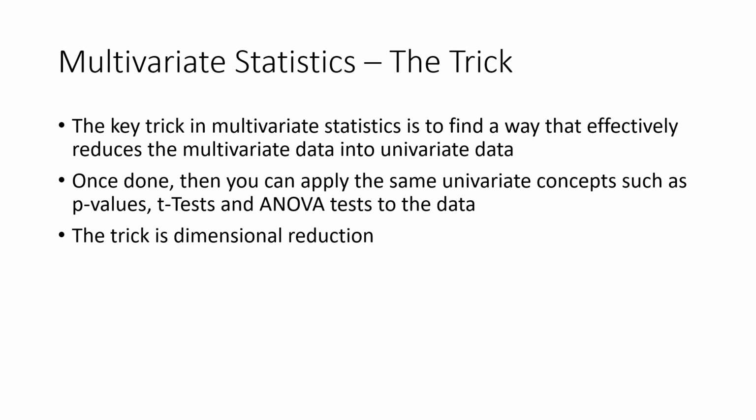And this is this form called dimension reduction. When you can reduce things to a more simple form, instead of having 10 or 100 dimensions, but something like 2 or 3 dimensions, then you can start using standard univariate concepts like p-values and t-tests and q-tests and ANOVA tests. And then it starts making sense again.